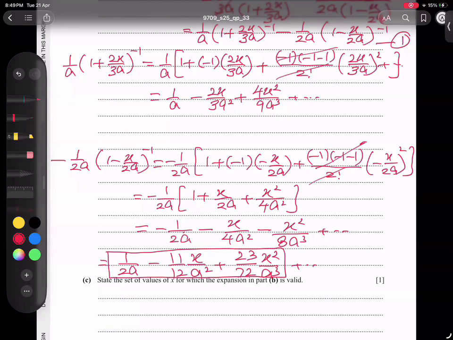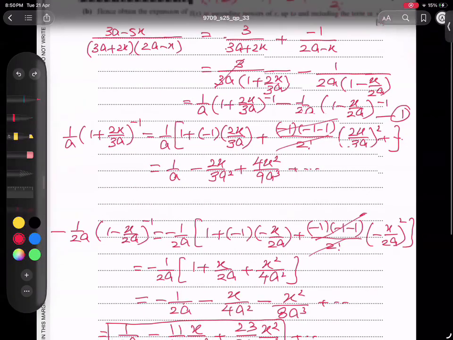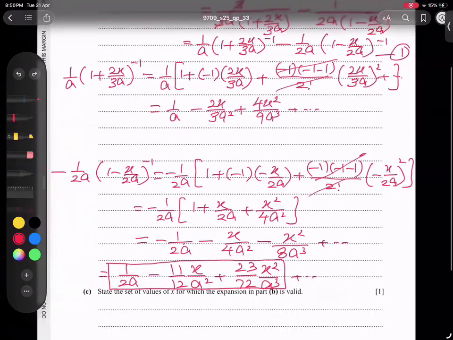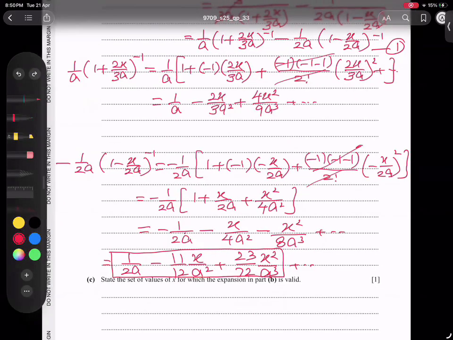So I think this part is, students, very, very clear. And now we have to go for the last part of the question, state the set of values for which the expansion is valid. So how to check the validity, students? The best way is to check these two fractions, which are available.